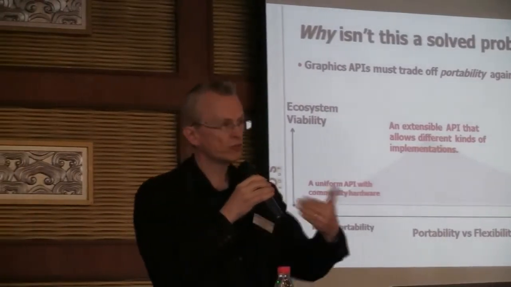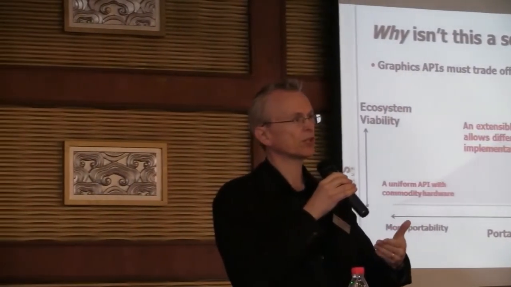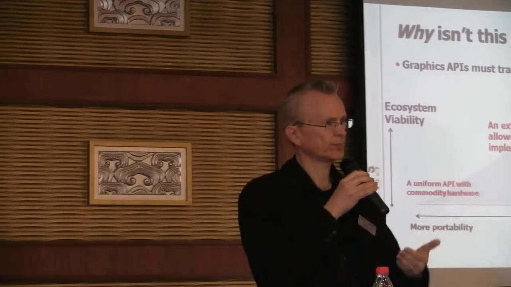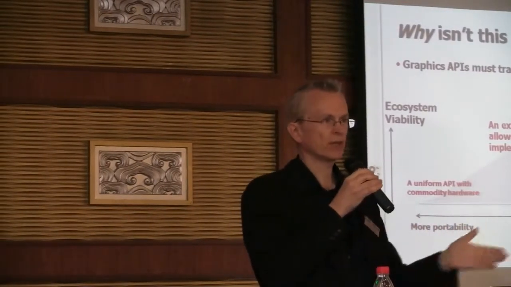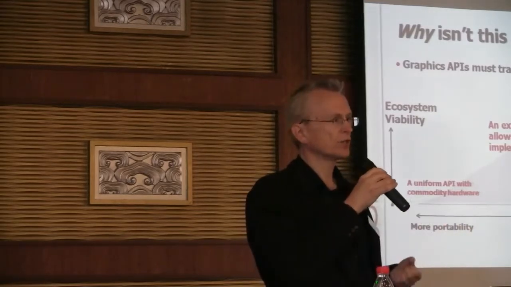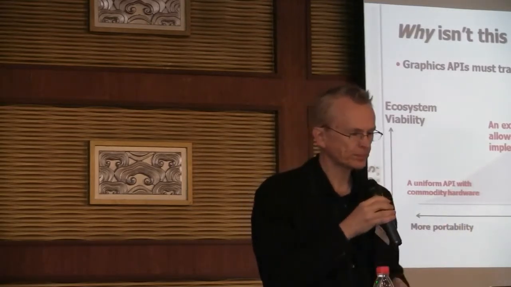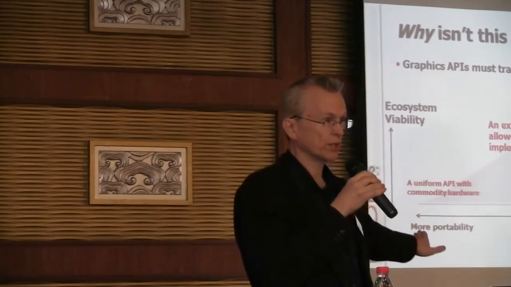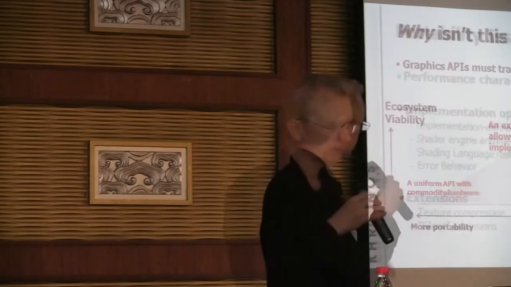But also there's enough portability and enough consistency that software developers can live with the variation. It's always a trade-off, and it always causes a lot of discussion in our working groups. But this is why we do not have perfect portability in OpenGL ES 2.